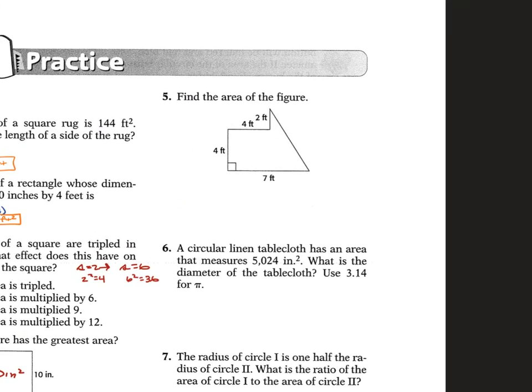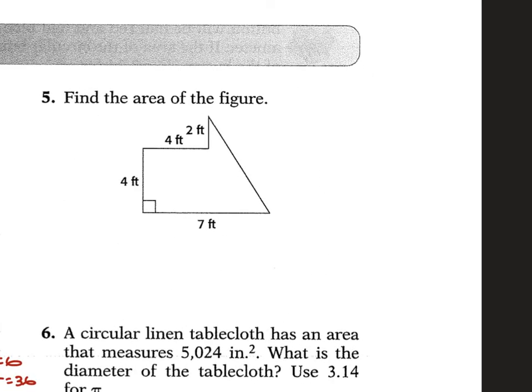For 5, it says to find the area of the figure. So you're going to have to do 2 areas. You're going to have to do the triangle and the square. So the 4 times 4 is 16. Then your triangle is 2 plus the 4, which gives you a total height of 6 feet.